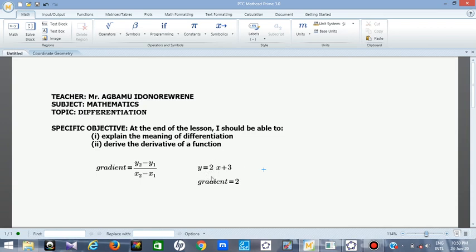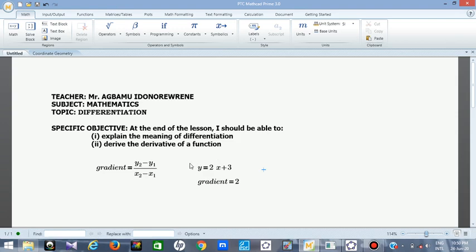It's the coefficient of x that will give us the gradient, which is also the differentiation when you differentiate this function. So what does this mean in differentiation? In differentiation, we are trying to see how y is changing with respect to x.